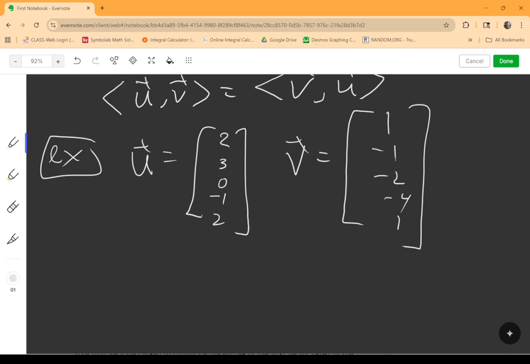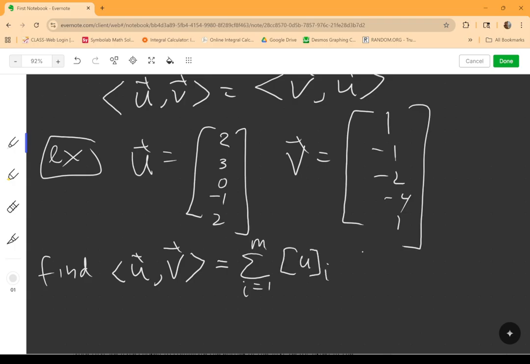I want to find <u, v>. Again, we have the definition using sigma notation, sum of u sub i, v sub i.